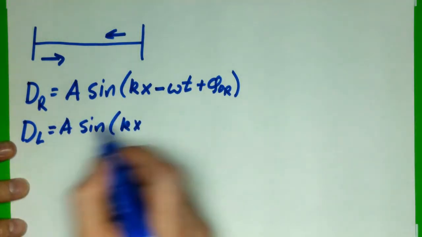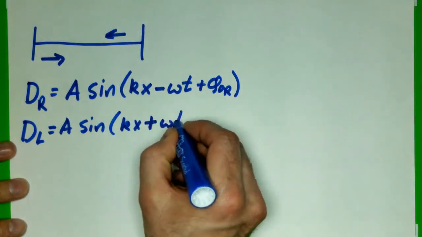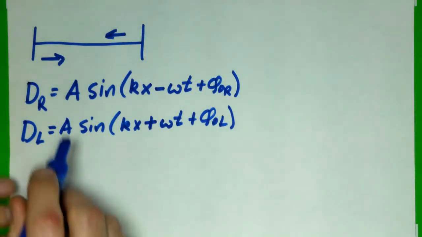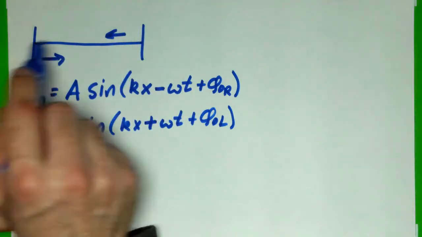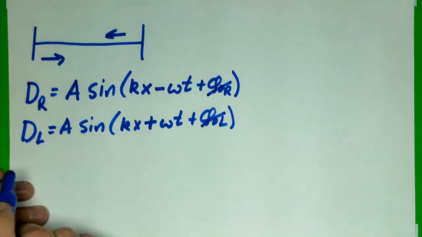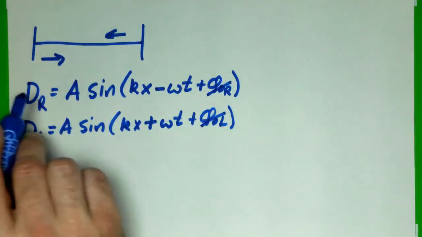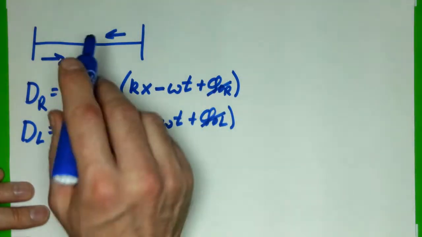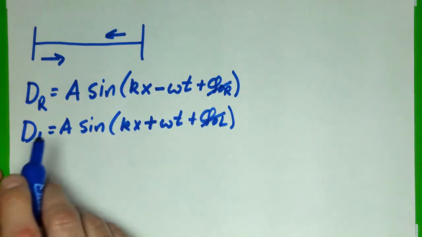Since it's a leftward going wave, instead of a minus sign, we have a plus sign. Those natural boundary conditions that cause reflections of this wave at just the right time mean we don't care about how they start. They will automatically overlap each other at the right timing, so for whatever time we start, they're already doing that. So we only need to worry about their position and time.